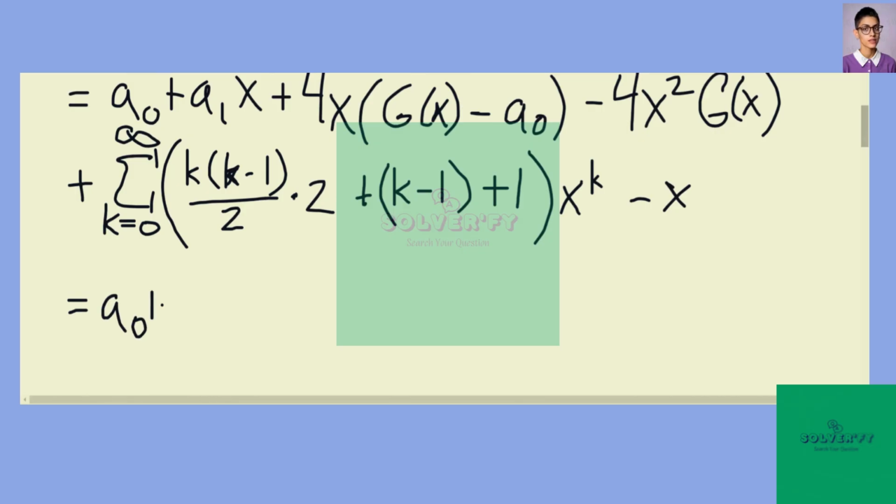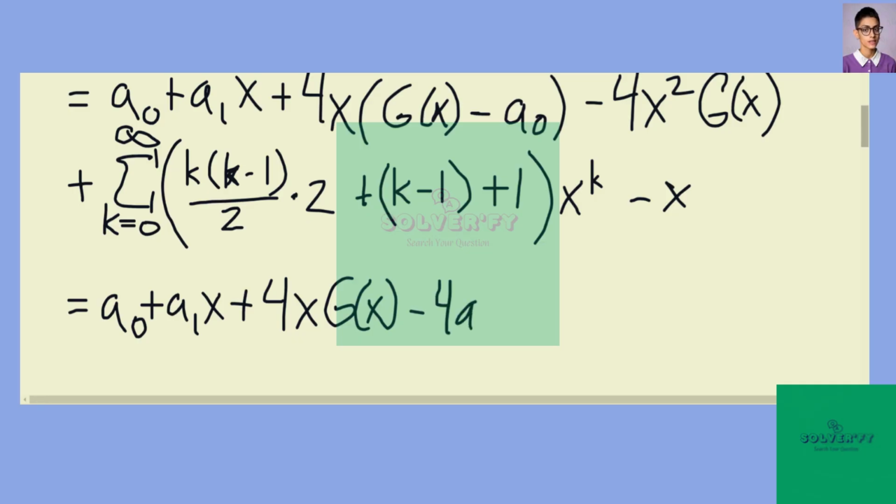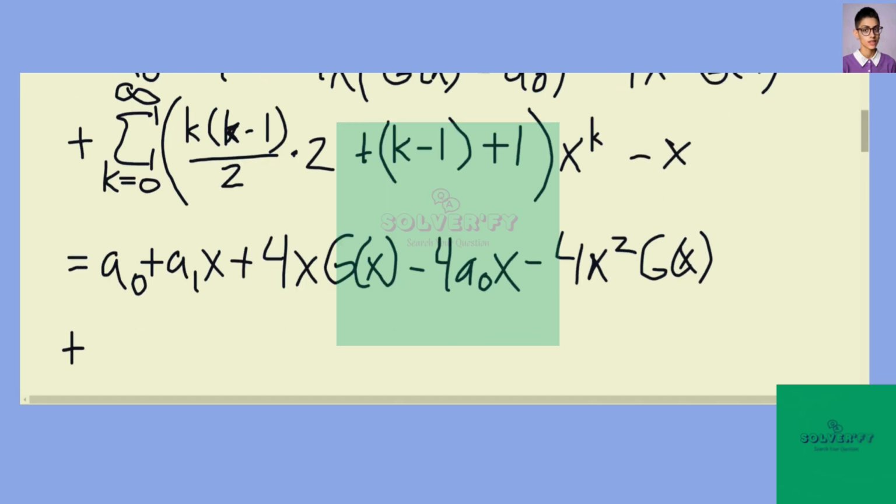This is equal to a_0 + a_1 x + 4x g(x) minus 4a_0 x minus 4x^2 g(x). And this becomes plus the sum from k = 0 to infinity of k(k - 1)/2.